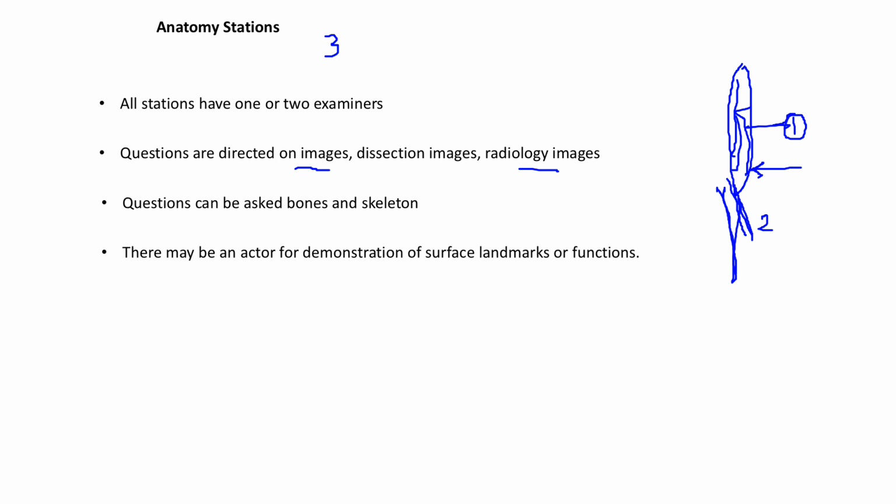And then questions can be asked from bone or skeleton, or from surface marking. So there are three stations. You can get questions from head and neck, from skull, from thorax, from abdomen, from limbs, and we'll discuss these topics.